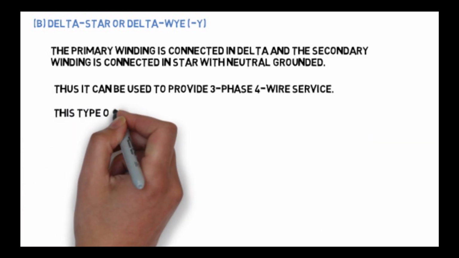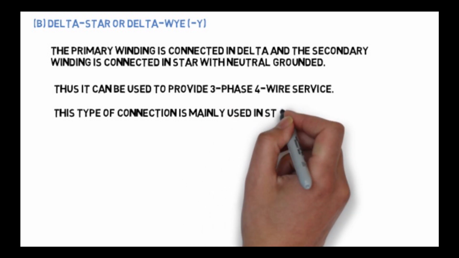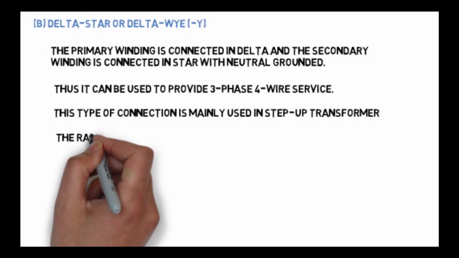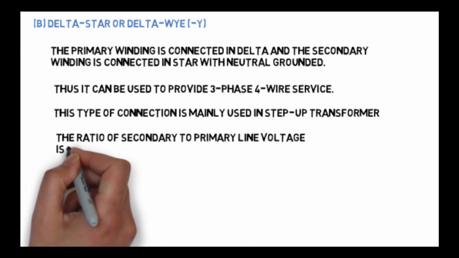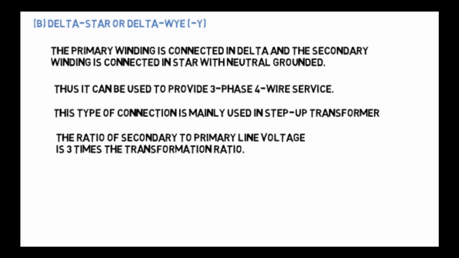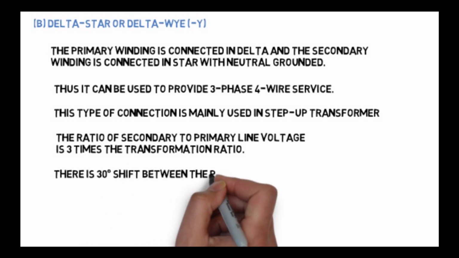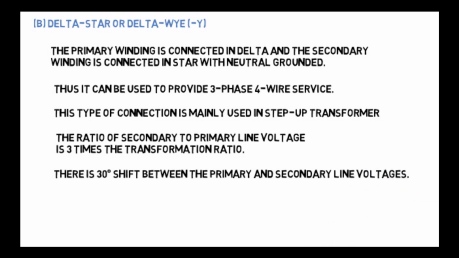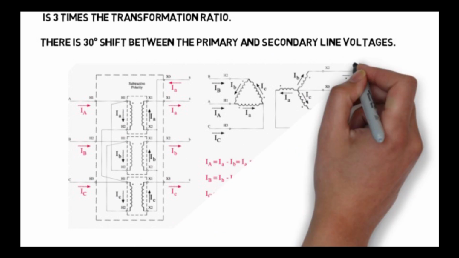This type of connection is mainly used in step-up transformer. The ratio of secondary to primary line voltage is root 3 times the transformation ratio. There is 30-degree shift between the primary and secondary line voltages. Now let us look upon the circuit diagram of delta to star type connection.